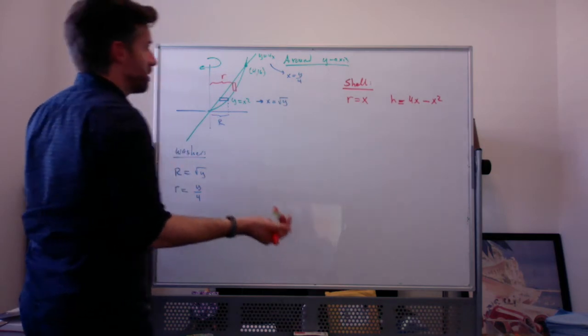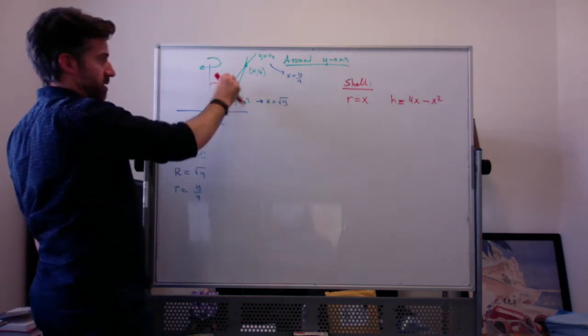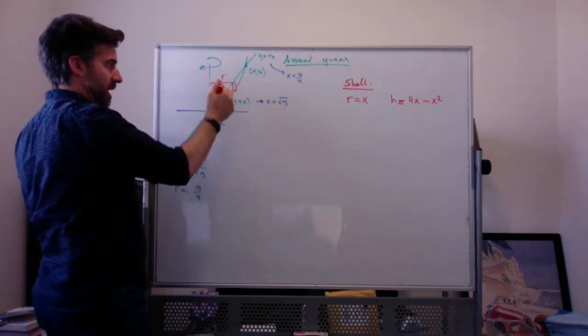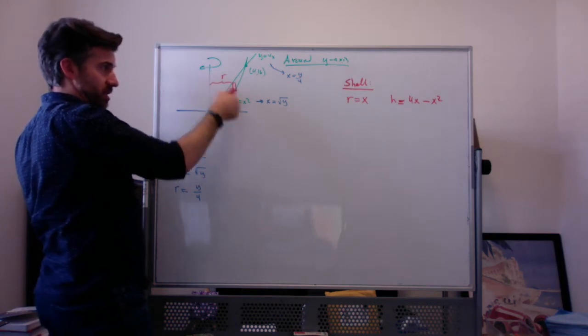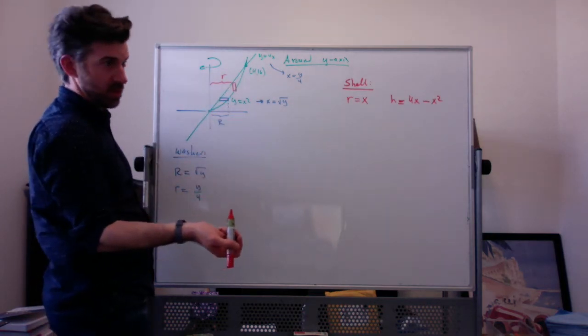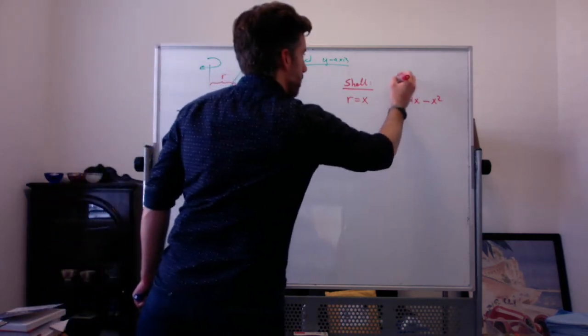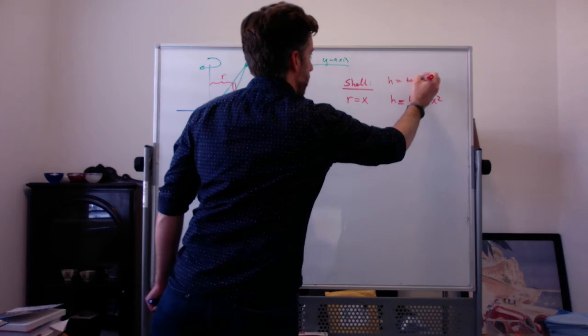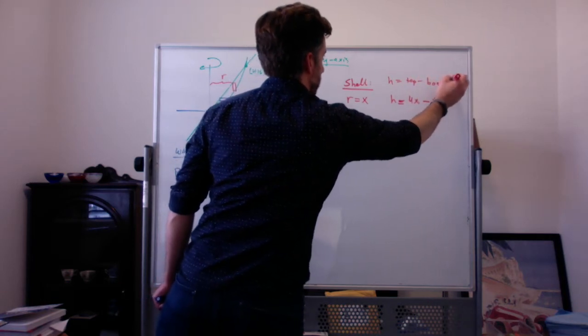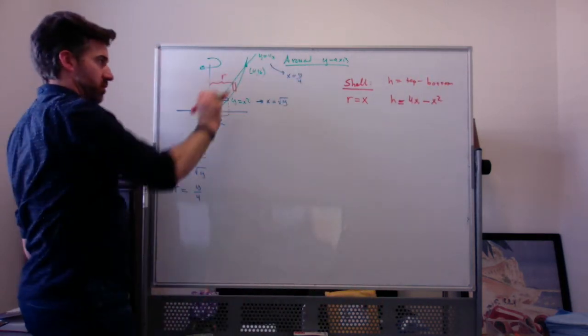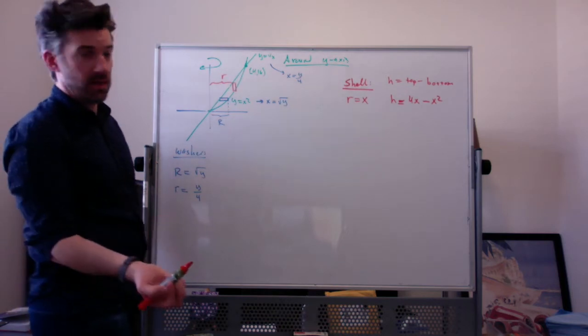So in this case, my radius, the distance of the strip to the axis, is just x, because it's a horizontal distance. In the previous one, the radius was y. And the height of my strip is just the top minus the bottom, because it's a vertical strip. In the previous problem, it was the right minus the left.